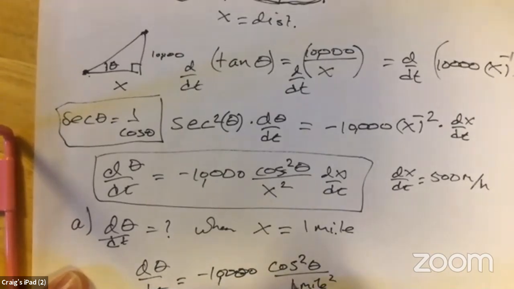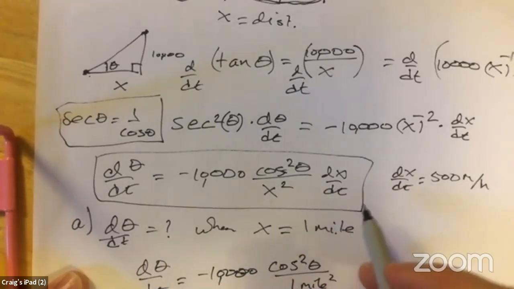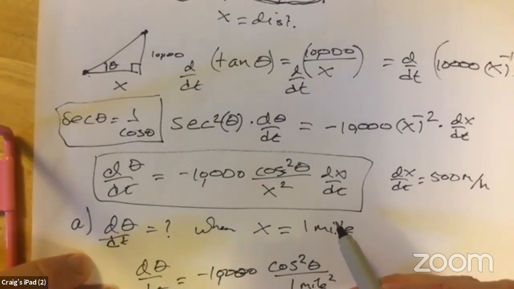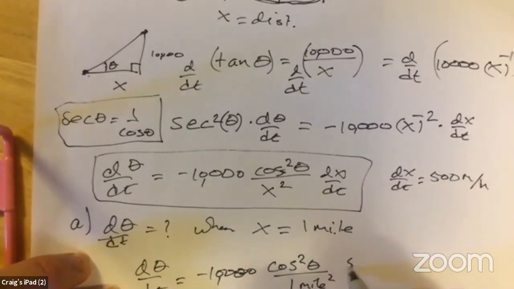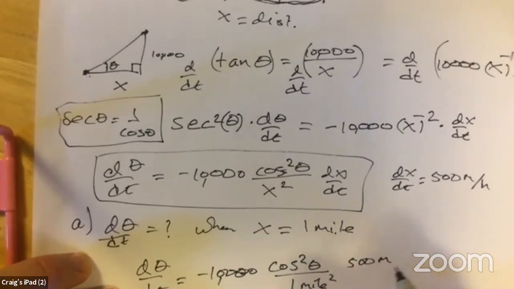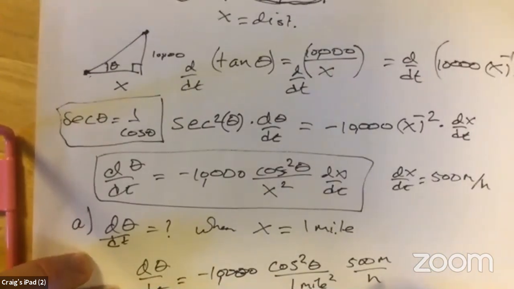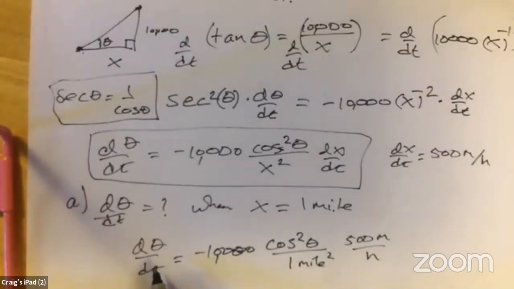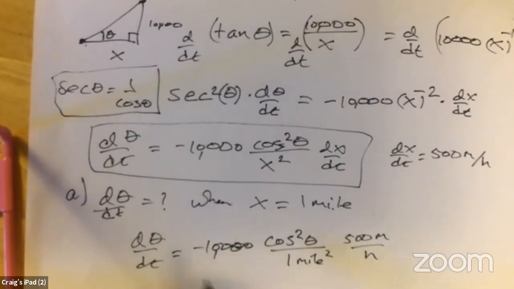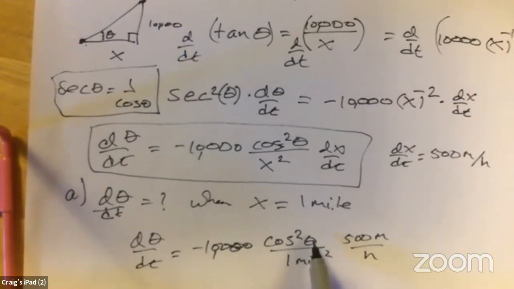And then I have dx dt is going to be 500 miles per hour. And so we have our d theta dt in terms of all of these. The only issue is that I don't know what theta is.